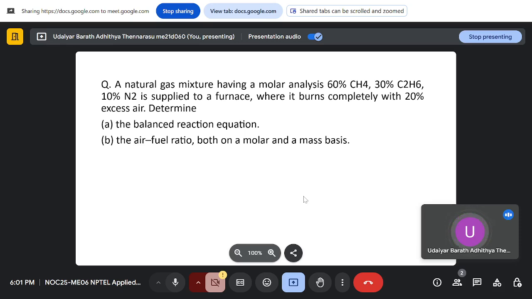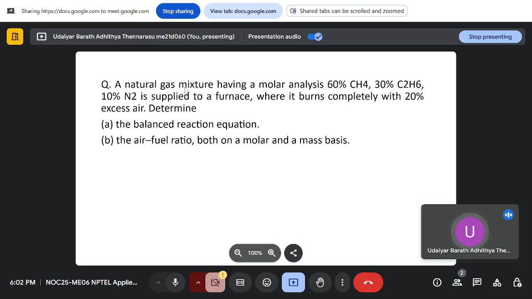So here the question is given on a molar basis, we did a molar analysis, and we are burning natural gas in a furnace. Your inlet has 60% methane, 30% ethane and 10% nitrogen by moles. So if you take 1 mole, you have 0.6 moles of methane, 0.3 of ethane and 0.1 of nitrogen. This is burned in a furnace which has 20% excess air.